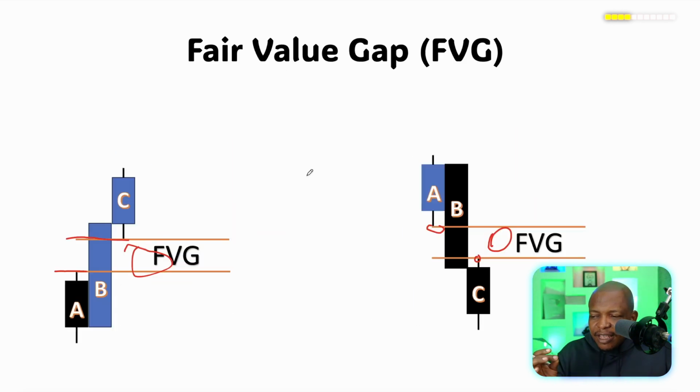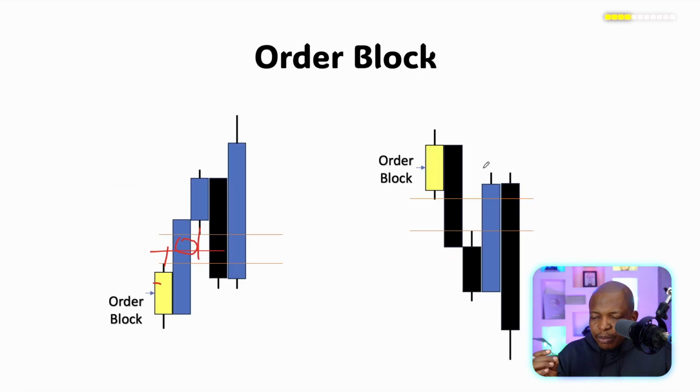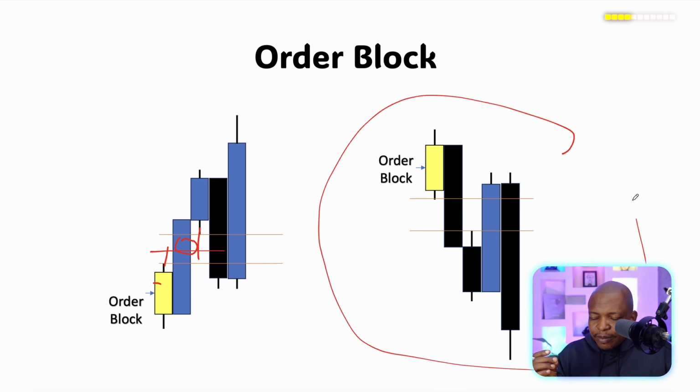Now, let's take the order block, for example, this particular one here, right? You see that liquidity sweep? This candle is meant to actually sweep that liquidity, right? Once it sweeps, it comes down, we find a fair value gap here, then we can comfortably put our entry at this point.